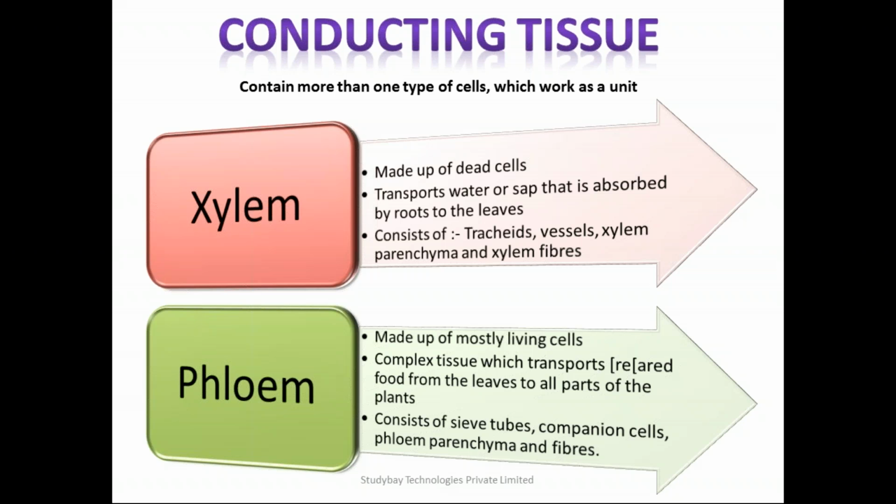It consists of sieve tubes, companion cells, phloem parenchyma, and fibers. Right? So there are two things. Xylem is for water transport from root to stem, and phloem is for transport of prepared food after photosynthesis in leaves to the remaining parts of the plant. So this is called your conductive tissue.